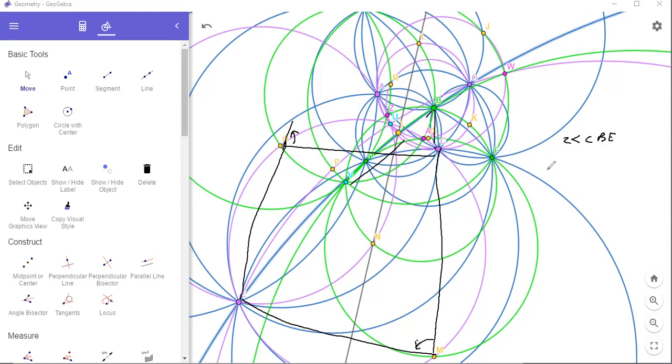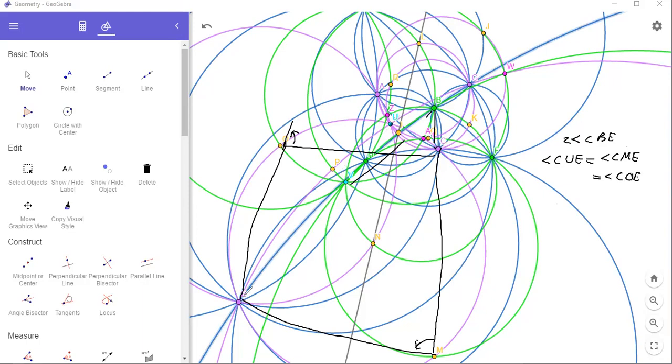All right, so we've gotten now that the angle CUE, which we started with, is now equal to angle C, let's use M, CME, okay? Or we could use the other one as well, COE.